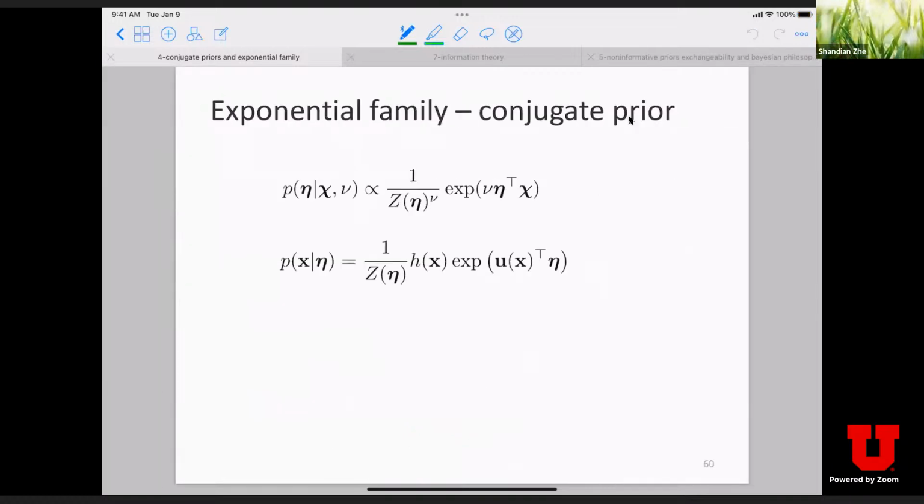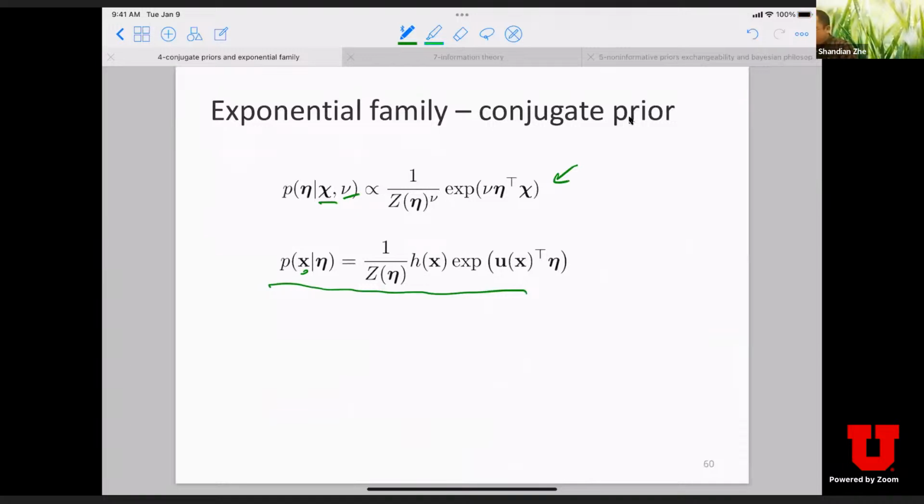So, what is the conjugate prior to the exponential family? What's the general conjugate prior form? Suppose the likelihood of x follows a distribution in the exponential family, which is this form. If you want to find the prior of eta which is conjugate to this likelihood, it will have this form. You can see that the conjugate prior of eta, the natural parameters, has two parameters, this kappa and this nu.